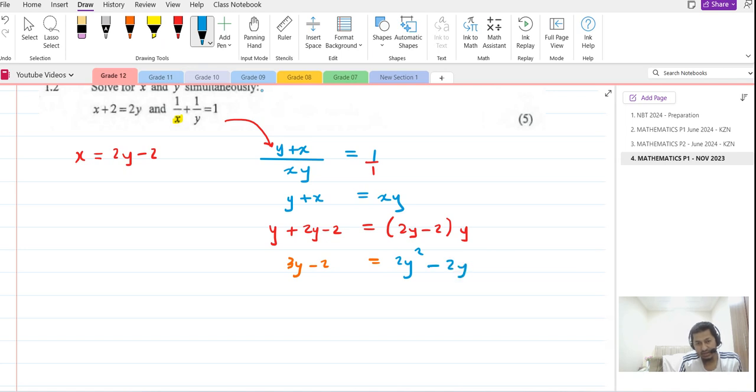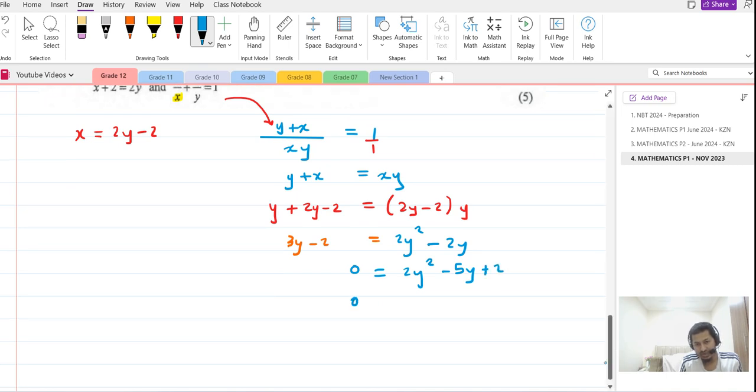Now we have a quadratic, so we can take everything over. We have 2y squared minus 2y minus 3y is minus 5y, taking the 2 over, plus 2 is equal to 0.